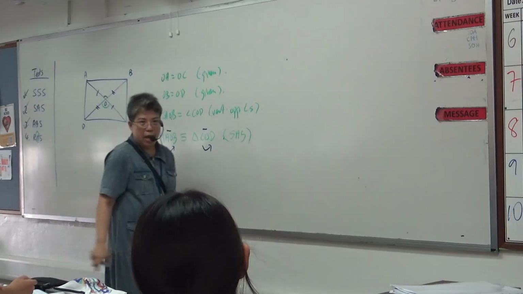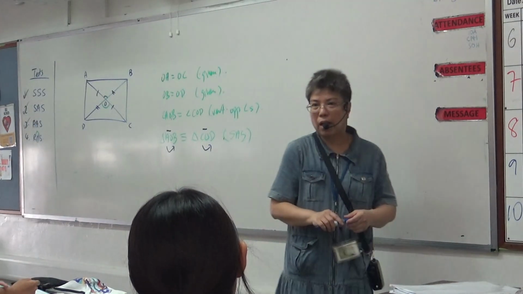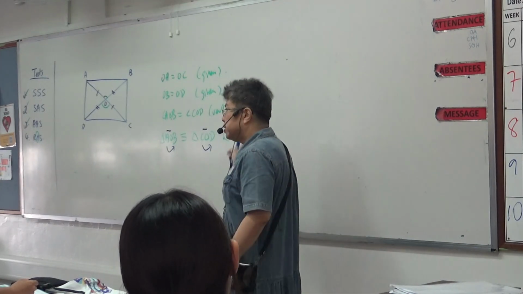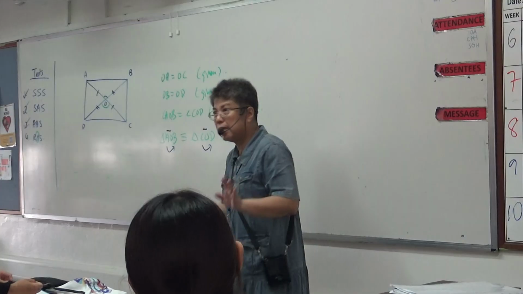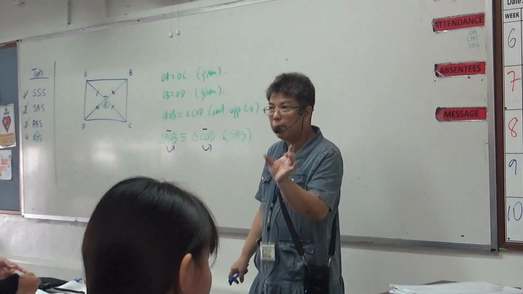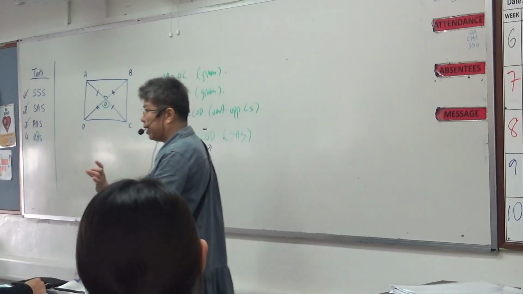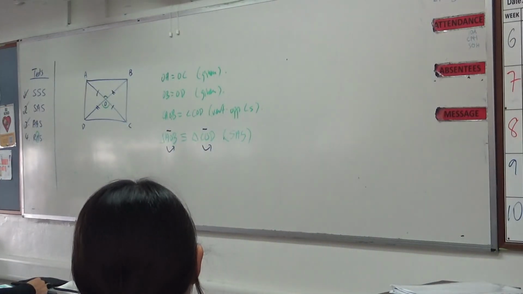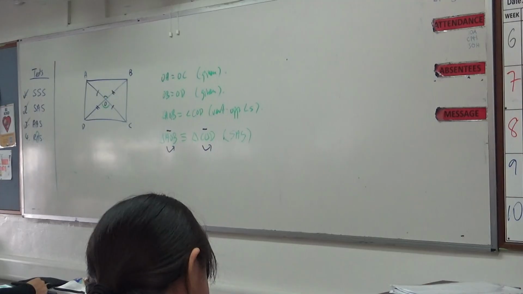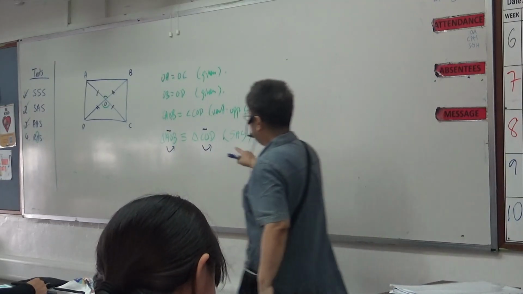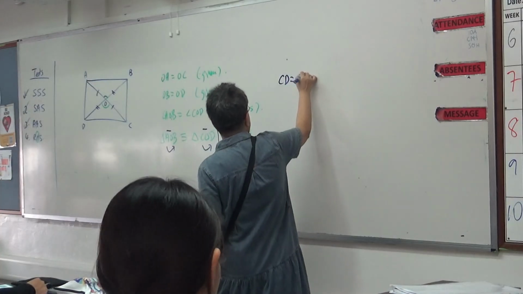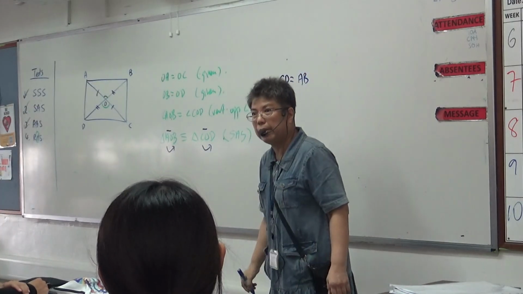Okay, then can I ask? The length BA is the same as what? BA, so it's DC. Can you see that? That's why the congruence statement must be in order, all the letters. Okay? Alright, now next part. First one is to prove. Find the length of CD. Now, they want to find the length of CD. So CD must be equal to AB, right? According to the congruency statement.